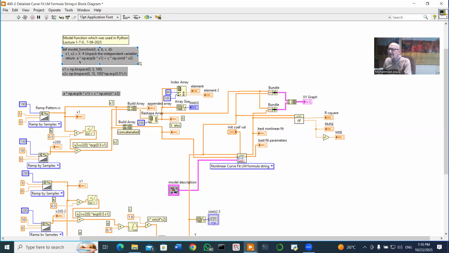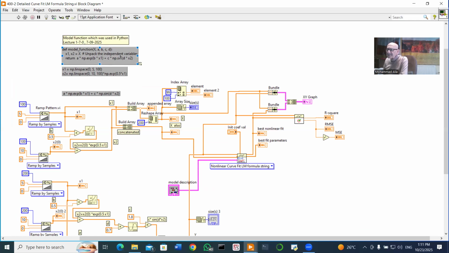And y itself, the output, is in the form of a coefficient a multiplied by numpy exponent of the product b by x1 plus another coefficient c multiplied by numpy sine of the product d x2. So we have four coefficients, a, b, c and d. These coefficients are to be found by the algorithm.